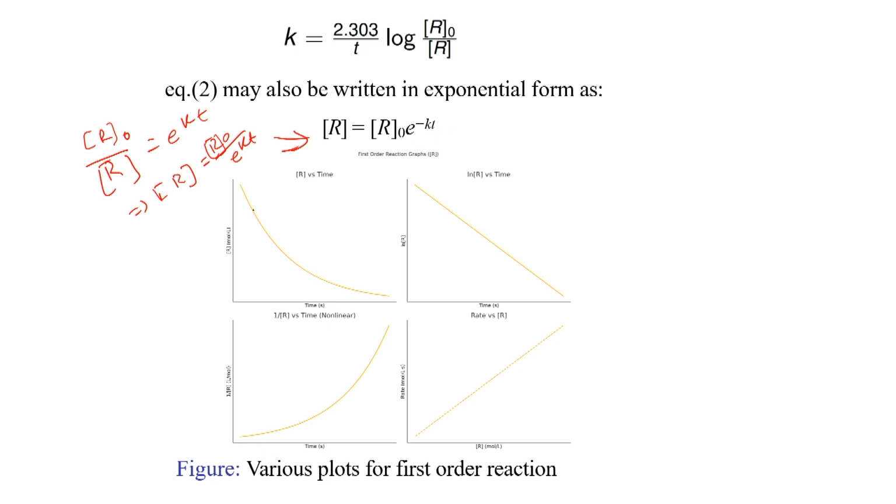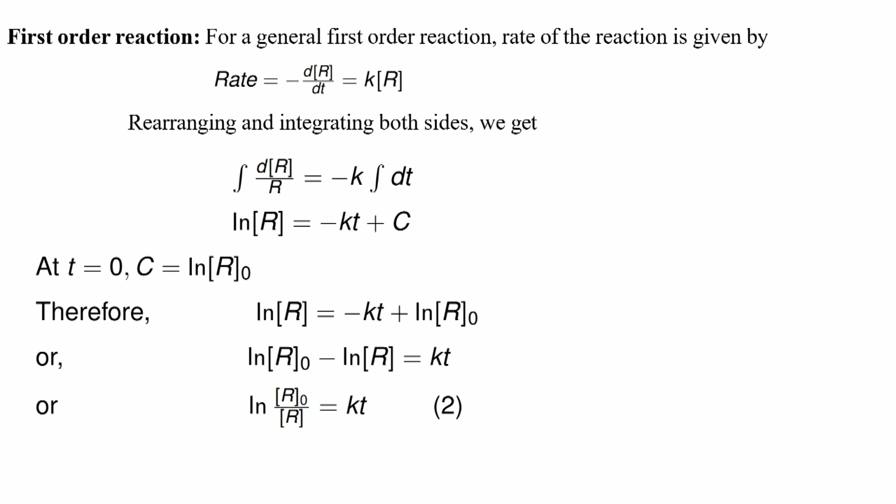So we get exponential decay of concentration of R as time progresses.